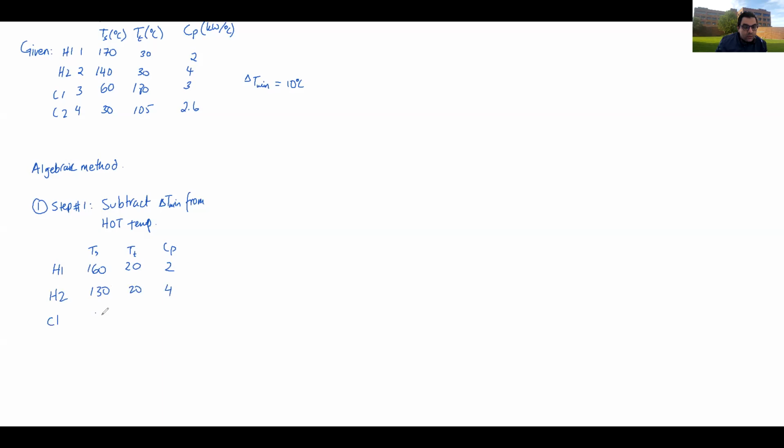C1 is 60, 183. And C2 is 30, 105, 2.6. So all I did here, I just subtracted delta T minimum, which is 10, from all the temperatures in the hot streams. Good. So now let's move on to step 2.